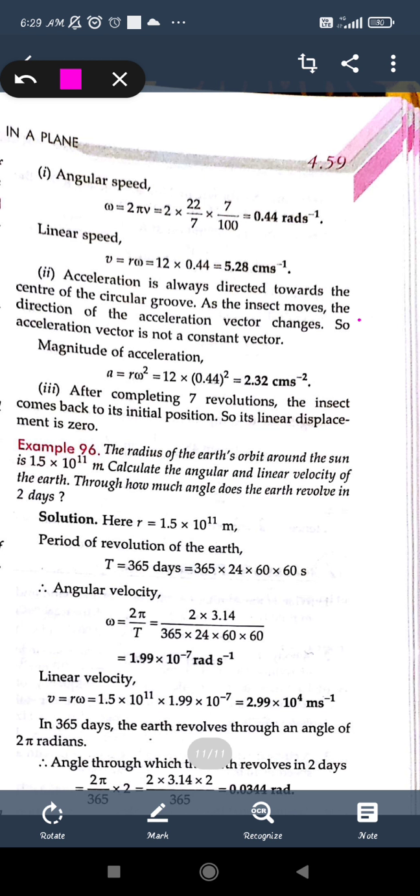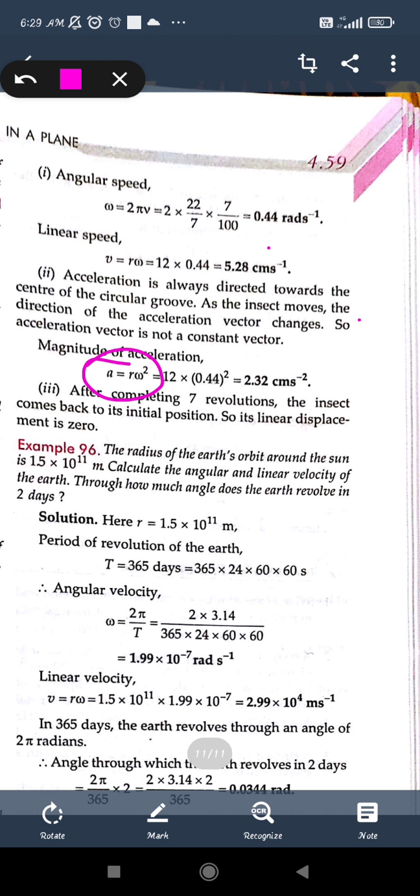So we can say that the acceleration also changes throughout the circular path. The vector continuously changes, so it is not a constant vector. Acceleration is not a constant vector, and the magnitude is found by using the centripetal acceleration formula.